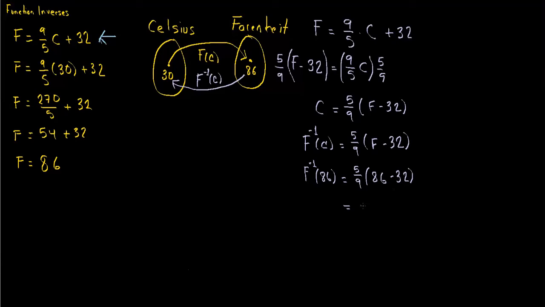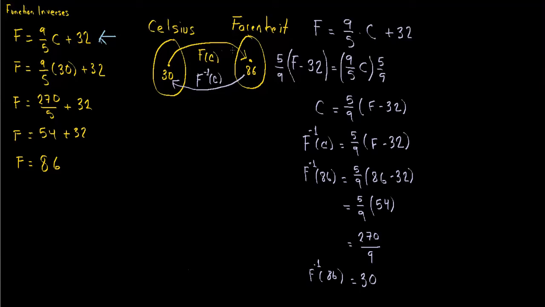86 minus 32 is 54. And now 5 times 54, it's actually the same as we got here, just inverted. So 54 times 5 is 270 over 9, and that, at the end, gets us to the fact that F inverse of 86 is 30 degrees, which is what we saw here.